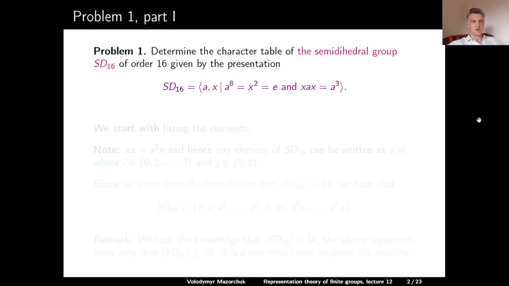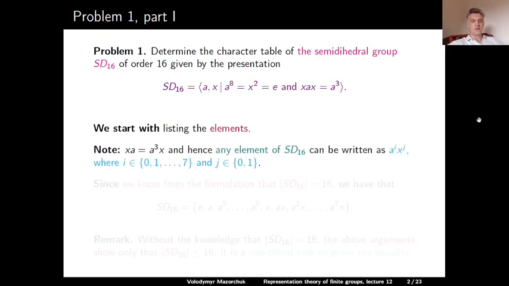Note that already in the formulation of the problem, we know that this group has order 16, so it has 16 elements. Let us try to figure out what these elements are. First of all, x squared is equal to e, so x is equal to x inverse. The last relation is really that if you conjugate a by x, then you get a cubed.